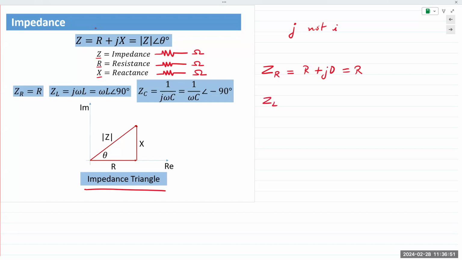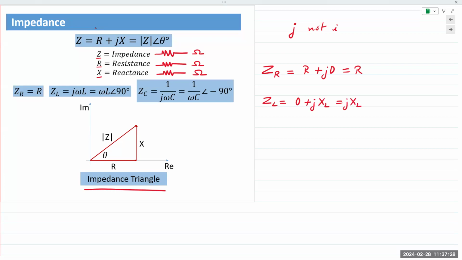And then ZL, the impedance of an inductor, would be the resistance of the inductor plus the reactance. But ideal inductors do not have any resistance. In the lab, you'd have used low quality inductors which had resistance, but ideal inductors, which is all we do in circuit analysis, since theoretical analysis is ideal, meaning it is simply JXL.